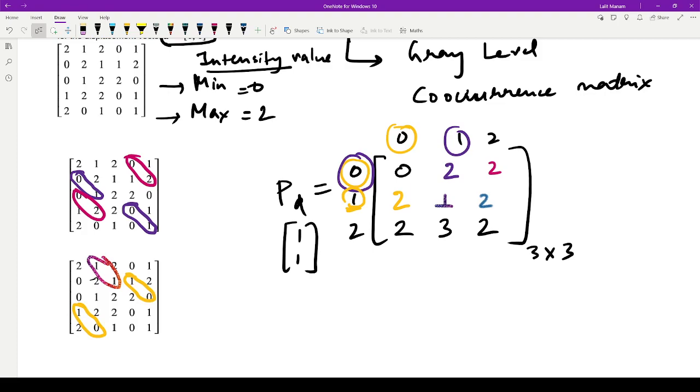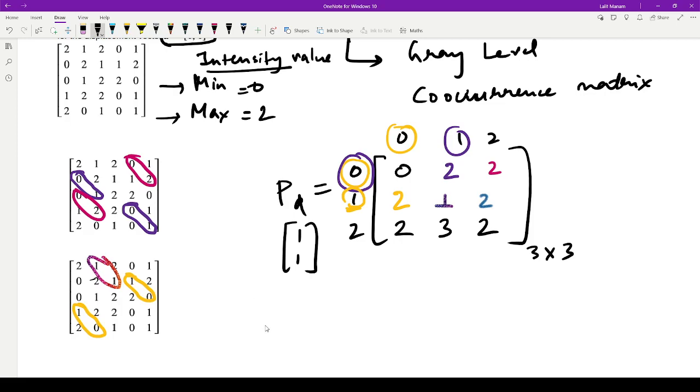Why is it not giving you a symmetric matrix? Because of the displacement vector, that vector is in a certain direction, right?